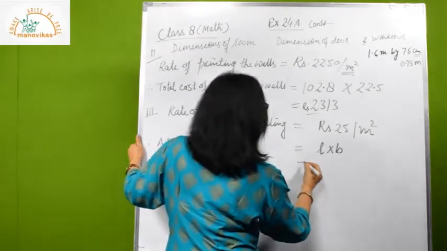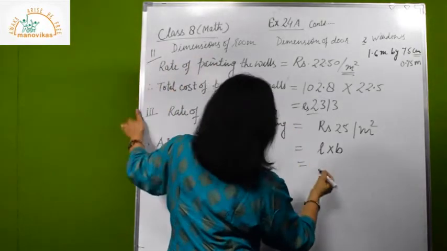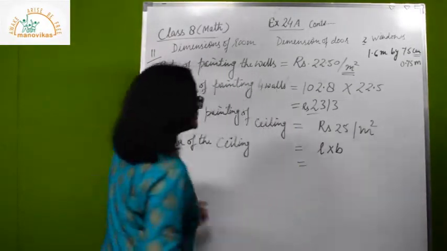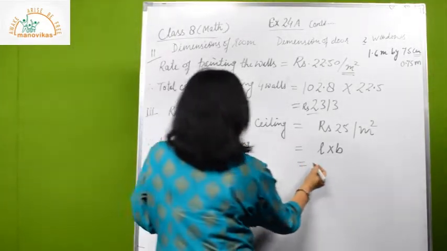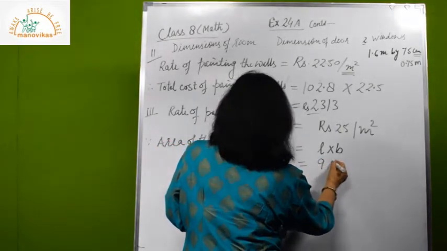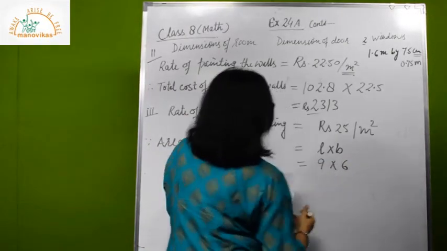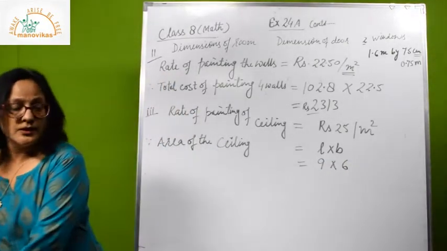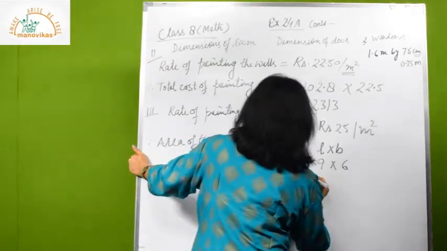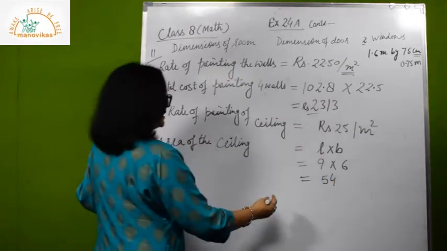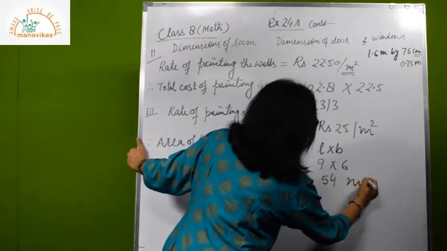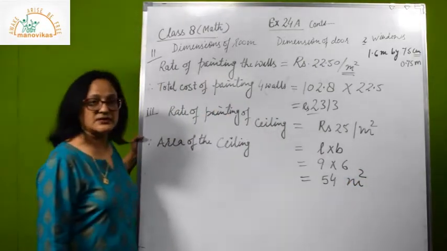The dimensions of the room give us this. The length of the room is 9 and breadth is 6. So 9 into 6, 54. 54 meters square is the area of the ceiling.